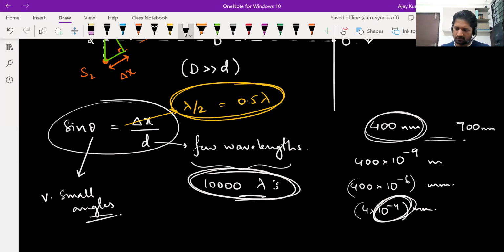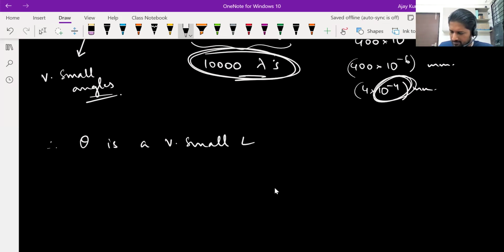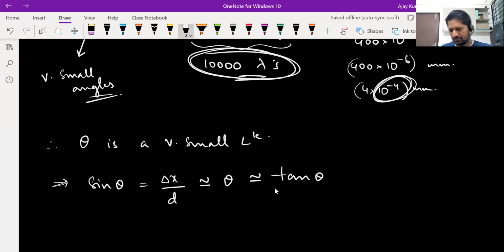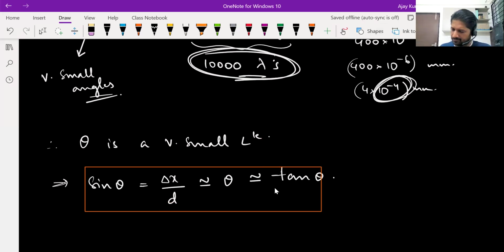Therefore, since the bands are expected to form at very small angles, theta is a very small angle. And because theta is small, sine theta, which we derived as delta x by d, is approximately equal to theta, and approximately equal to tan theta also. For such small angles, sine, tan, and the angle itself will all be equal.